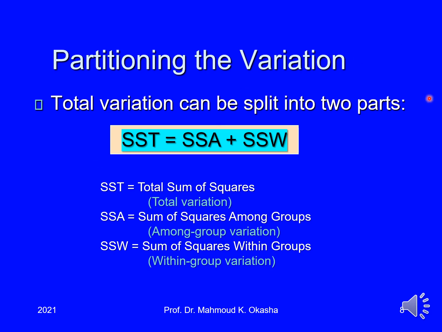That's the variation. When we calculate the variance or standard deviation, we calculate that sum of squares and divide it by n, or n minus 1. So the total sum of squares, we divide it into two components.